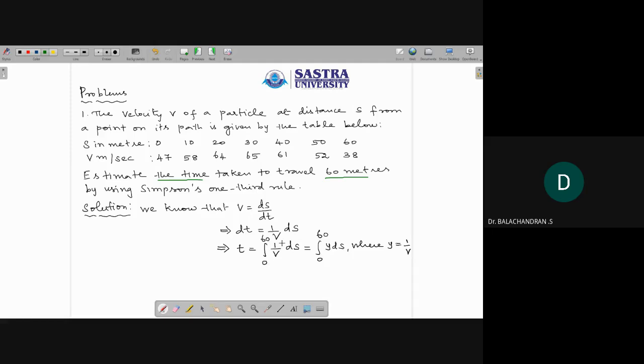So I'll take this 1 by v equal to y. Okay, so I will take 1 by v equal to another variable y. This is just for substitution. Otherwise, you can keep it as 1 by v also.